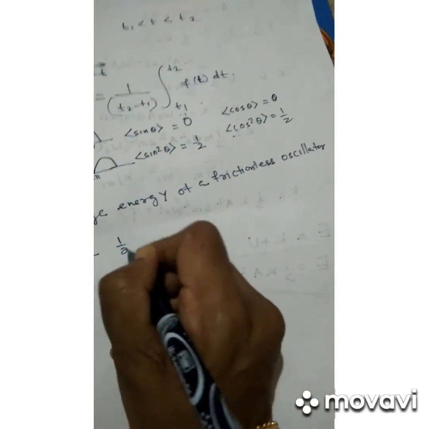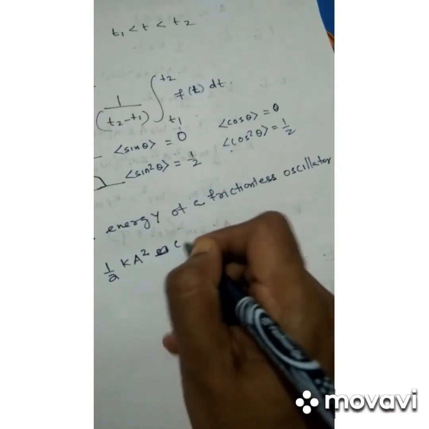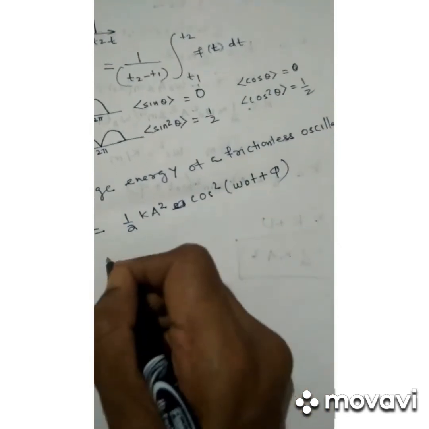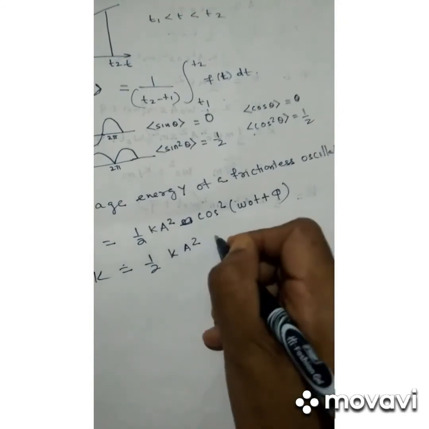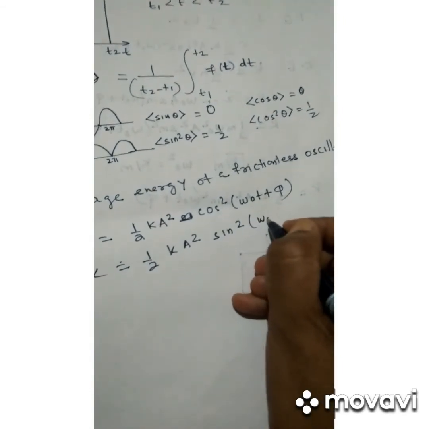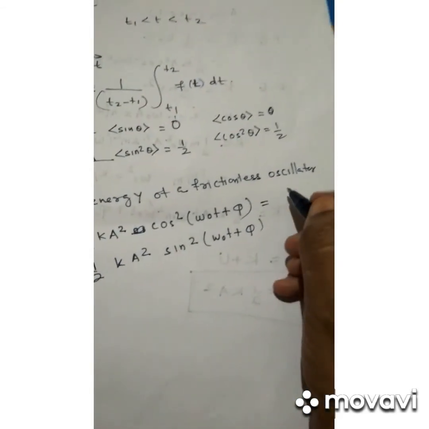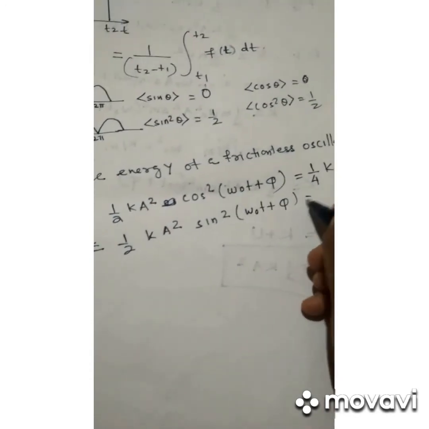As in the beginning we discussed, U is equal to half k A squared cos squared(omega 0 t plus phi), and K is equal to half k A squared sin squared(omega 0 t plus phi). Now using the previous knowledge we find that this becomes 1 by 4 k A squared, and this also becomes 1 by 4 k A squared.